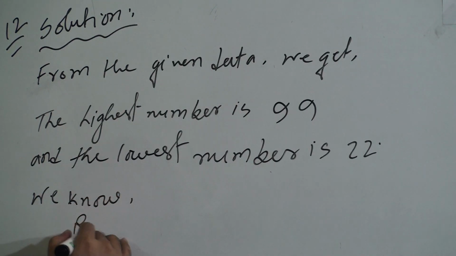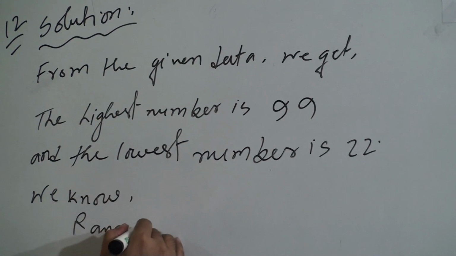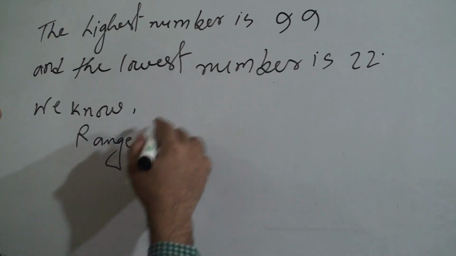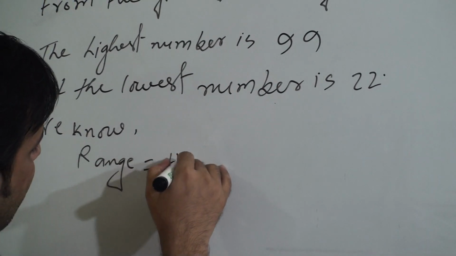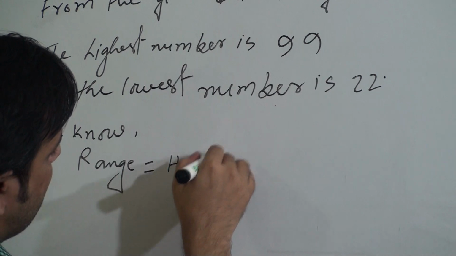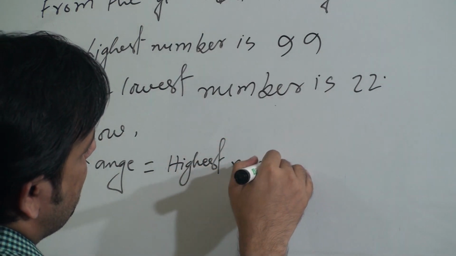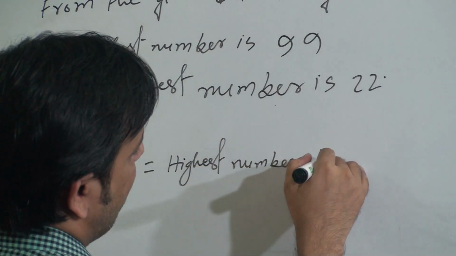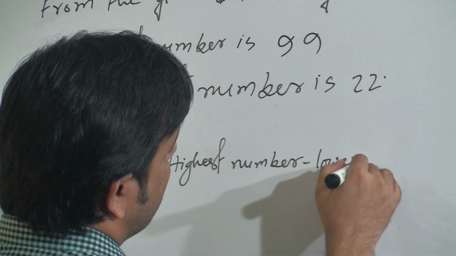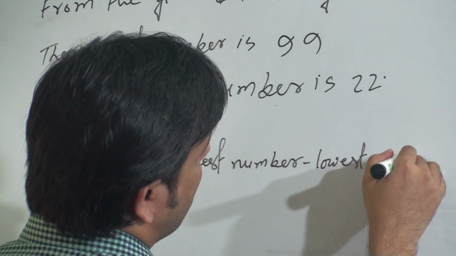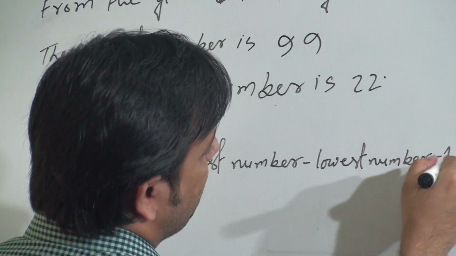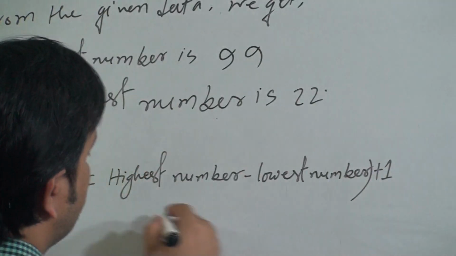range of the data is highest number minus lowest number plus 1.